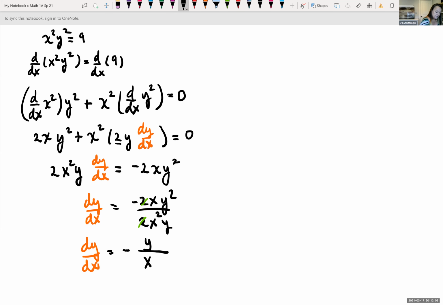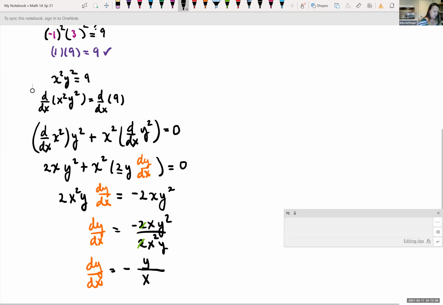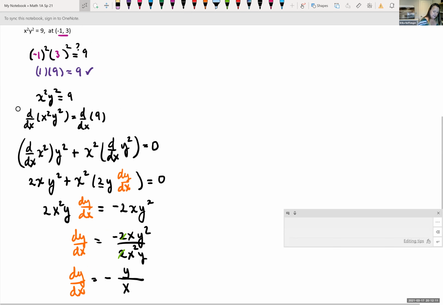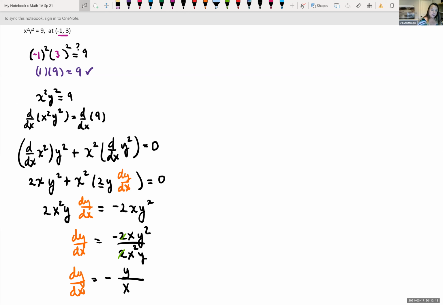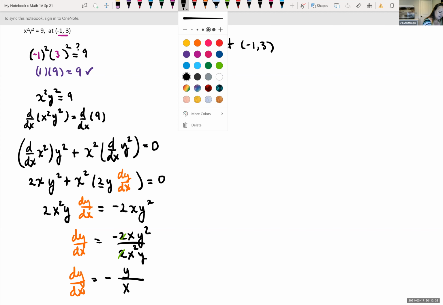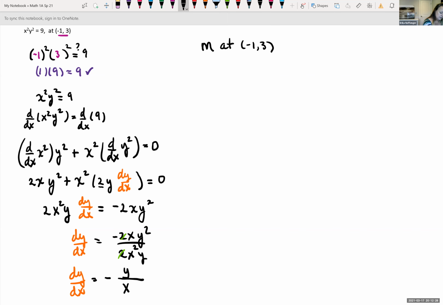But I want the derivative at that particular point, negative 1, 3. And so we want to find out what the slope is there. So the slope at negative 1, 3, we're going to just plug in our x value of negative 1 and our y value 3 into this function.